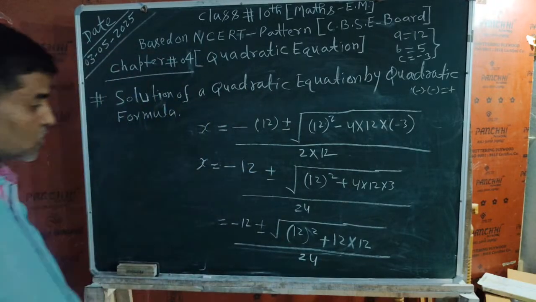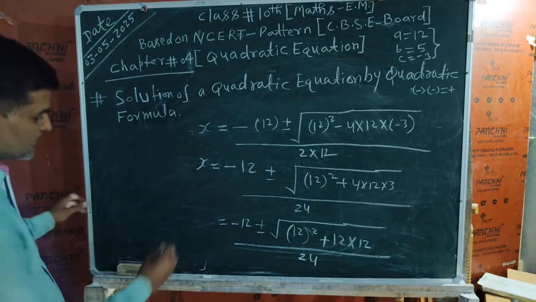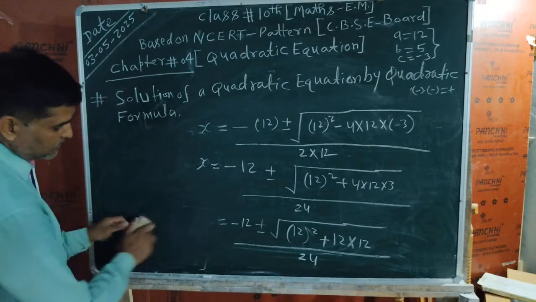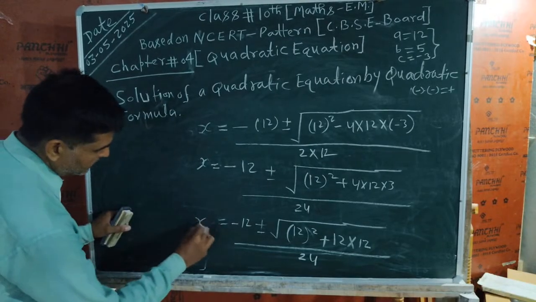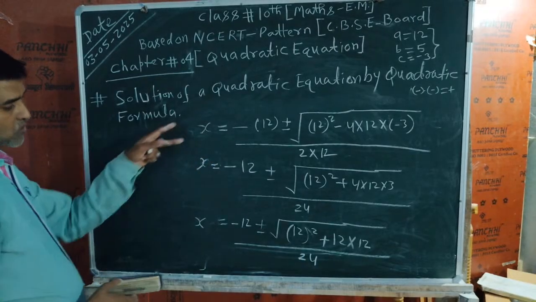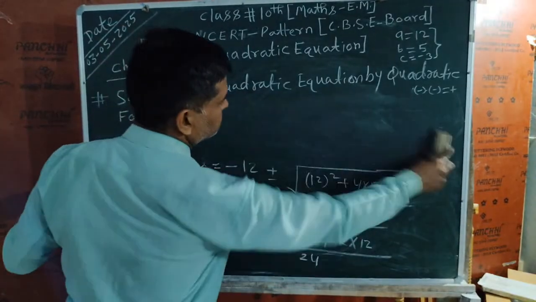Okay student, so again I will say 12 square. So in the next step I can write like this. On the left hand side I have to write x, because on the left hand side x is coming. Okay student, so I am going to erase the above data for further calculation.